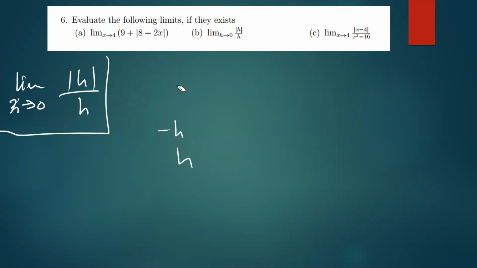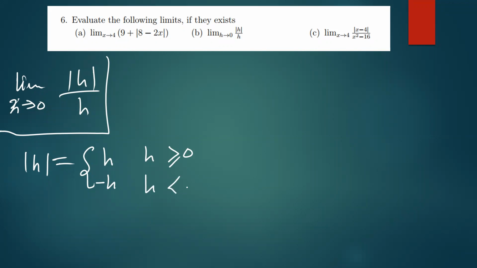So this can be written as a piecewise function. Let me just say the absolute value of h can be written as positive h for all h values that are greater than 0, let me say greater or equal to 0, and then it's going to be negative h for all h values that are less than 0.